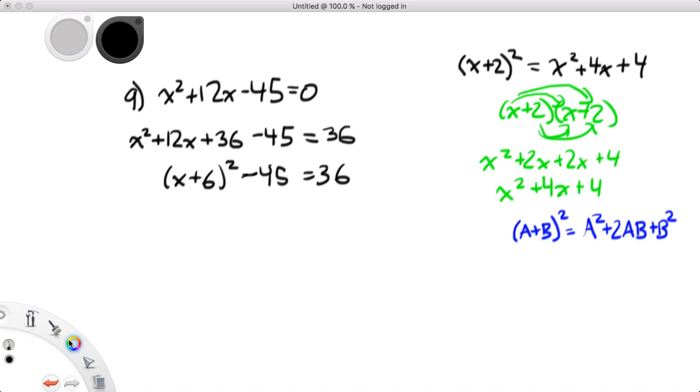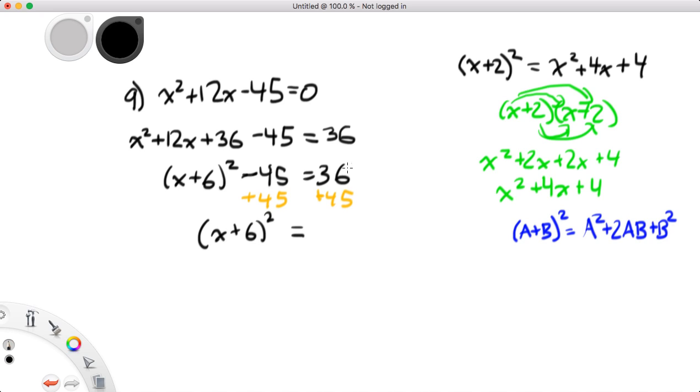And then plus 2 times 2, which will be plus 4. These combine because they're like terms, and I'm going to get x squared plus 4x plus 4. It works. Math works.